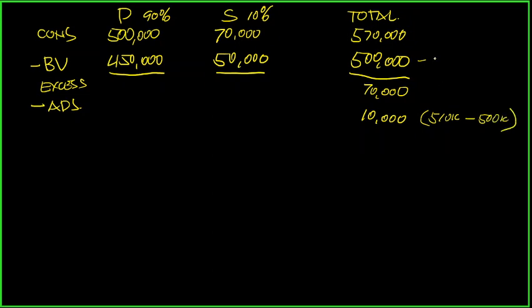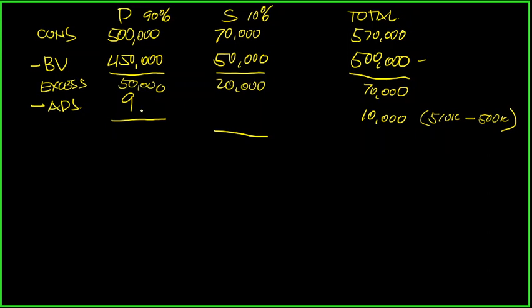Sa shortcut natin, pinagsasama natin to. The excess plus 500, so you get 510. But this time, ihiwalay natin yung book value and the excess of 10,000. 90% of that will be 9,000. Let me write this down muna. Excess of 50,000 and you have an excess of 20,000.